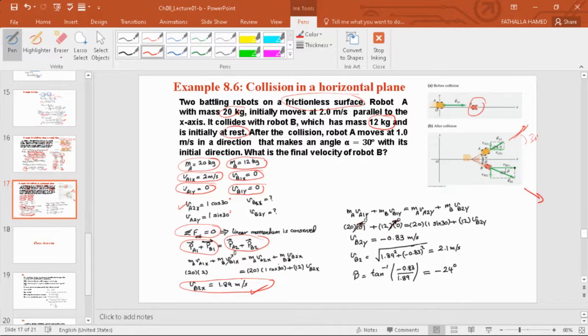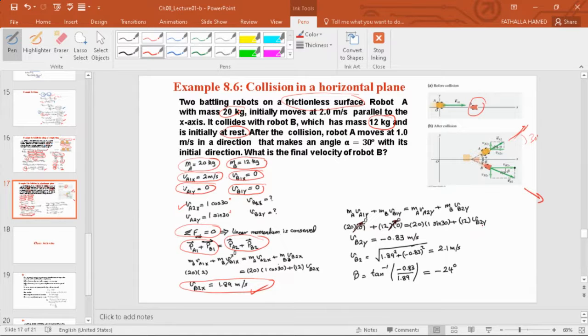You do the same thing for the y. MA VA1y plus MB VB1y should equal MA VA2y plus MB VB2y. Now, A initially has no y component, so it's 0. B is not moving, and it has 0. So after the collision, it's 20 times 1 sine 30 plus 12 VB2y.